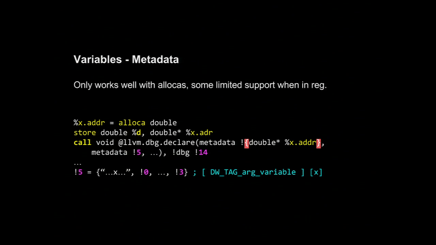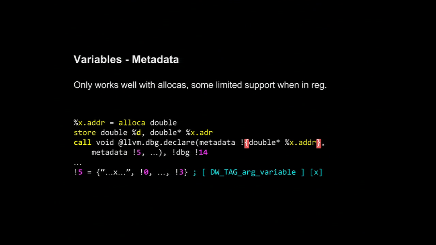So we've got a callback out of the actual LLVM-IR into the metadata for all of the full description for our argument X, what file it's in, what line it's in, all of that we then have declared up in the program so we can keep track of it, because debug information has ranges of information for where a variable is. It's not just there's this variable, it's in this location, because you can store it to the stack, you can spill it, you can reload it, you can do all these various things, and you need to be able to describe where your variable is at any different time.